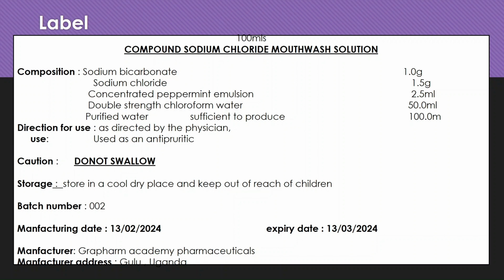So after you have done that, you write the name of the preparation. The name is compound sodium chloride mouthwash, and it is a solution. We are more specific on which category of the liquid dosage form this mouthwash belongs to. So that's why we are saying compound sodium chloride mouthwash solution.